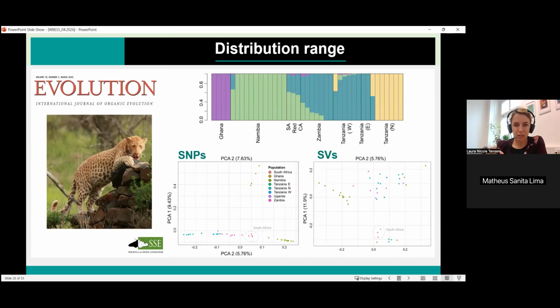But what you can see in the principal component analysis in the middle is that there's a very clear isolation by distance pattern, and the South African leopards that were not included in this previous study sort of slot right in between the other populations. And again, Ghana really stands out. If you look at structural variants only, any population structure actually disappears entirely.